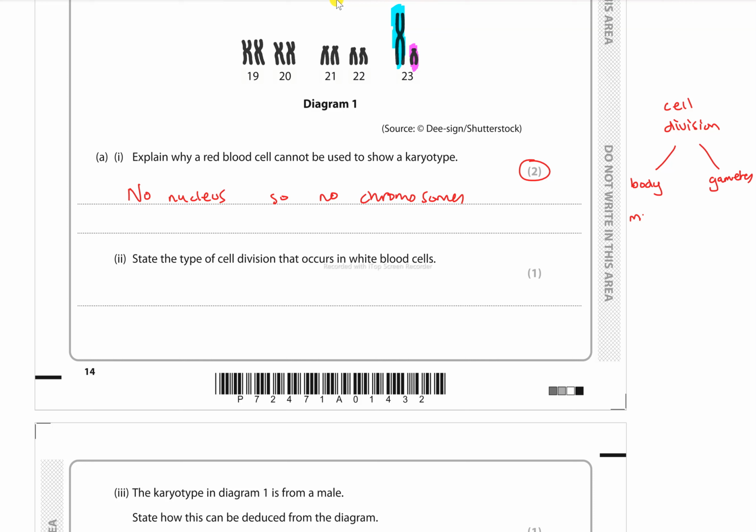Look, my toe is part of my body. So that's mitosis. And the other one would be meiosis. So this is how I remember it: my toe is part of my body. So white blood cells, I've got 46 chromosomes, so they divide by something called mitosis.